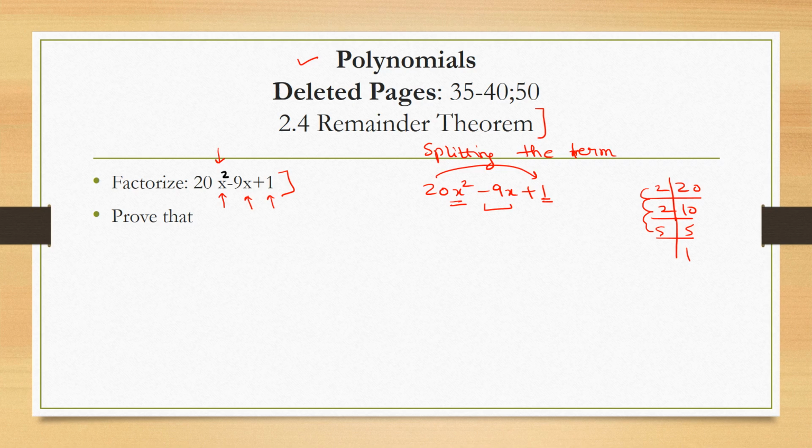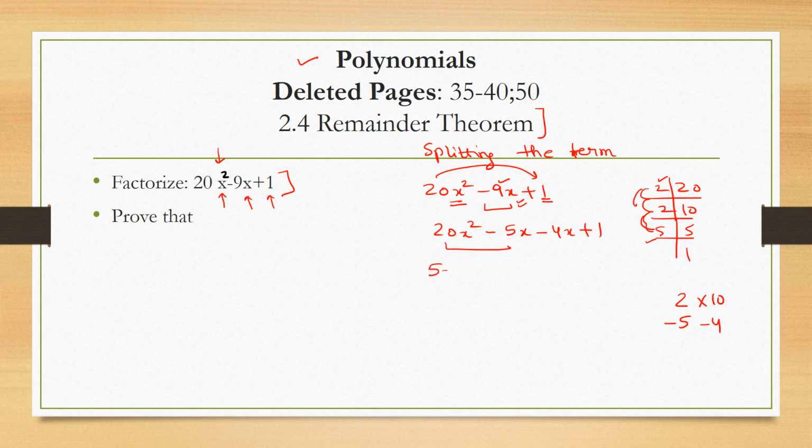I'm just applying permutation and combination, that means I'm arranging. Can I consider 2 and 5 twos are 10? It will also form 20, but it is not forming 9. Then can I have 5 and 2 twos are 4? 5 fours are 20, but if I apply a minus sign in both of these terms, I'll get minus 9, the middle term, right? So 20x squared minus 5x, minus 4x plus 1.